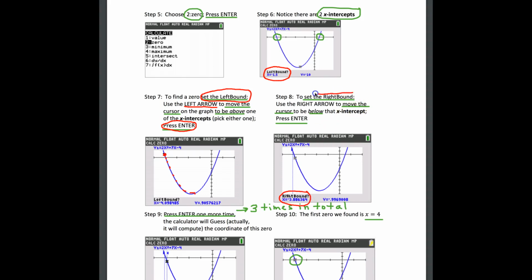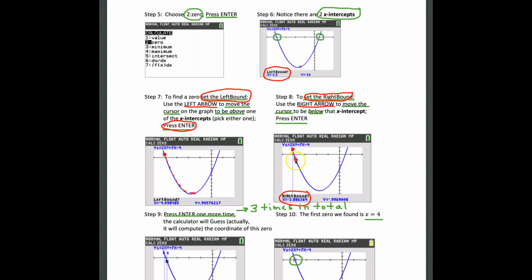To set the right bound, we're going to now use the right arrow. We left off at the left bound, and we want to use our right arrow to go a little bit to the right of where we think it would be on the graph. So let's just say our right bound is about here. We're giving a band in which the calculator will be able to guess the value.